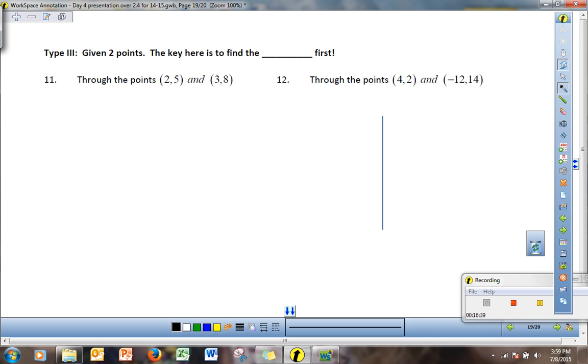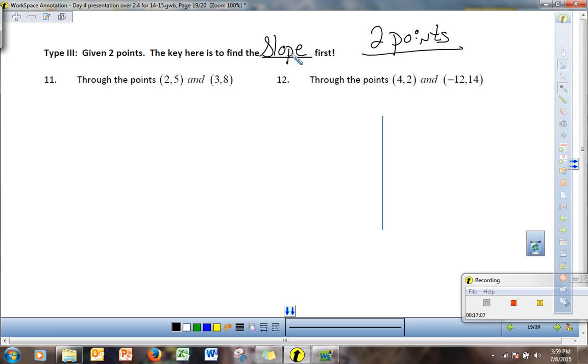Number 11, 12, and 13, I call the type 3 because there's a couple of things that you got to do. Notice that here you're given 2 points. But can you tell me what's missing that the ones above it had, but these don't? And I hope that you said slope. So the key thing that we got to do here, guys, we got to find the slope first.